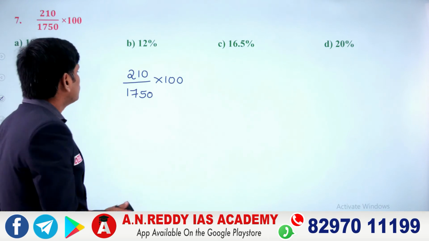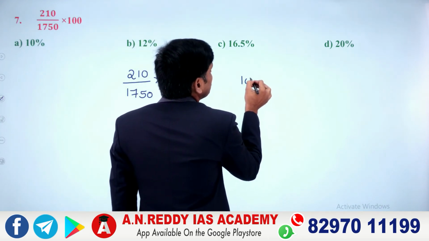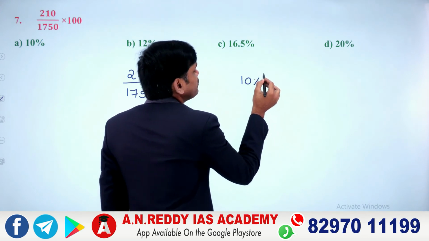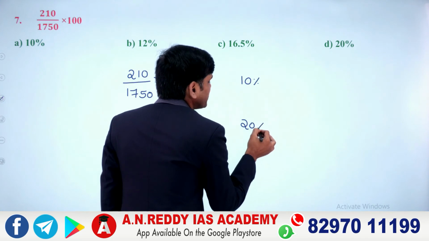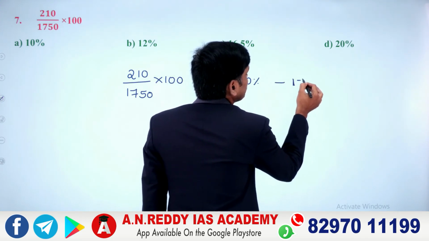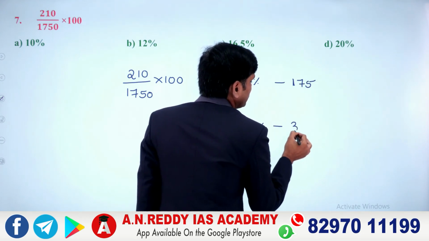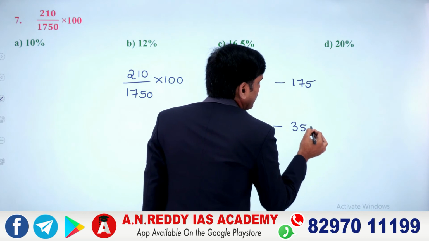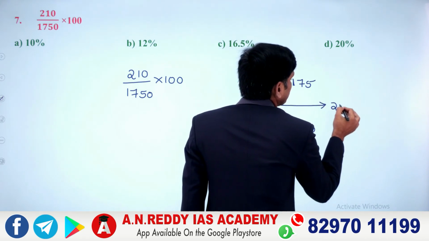So I am very much sure that my answer is between 10% and 20%. 10% will be 175, 20% will be 350, and your target is 210.